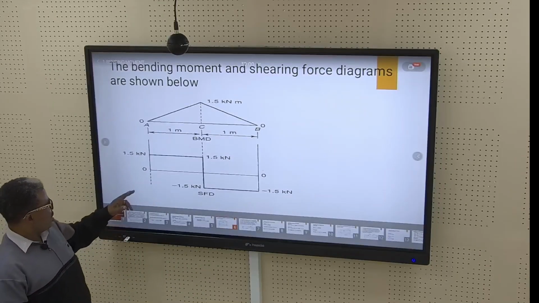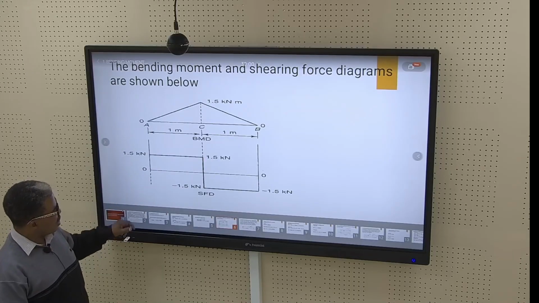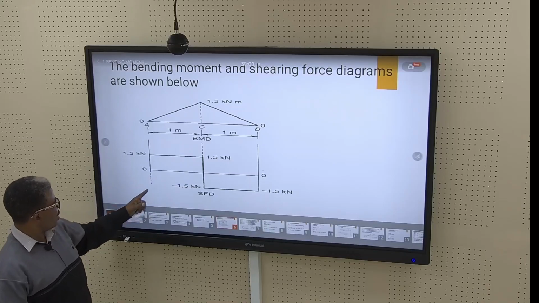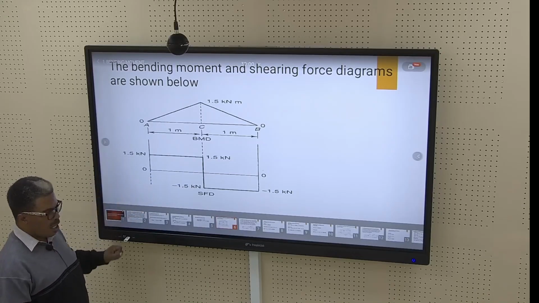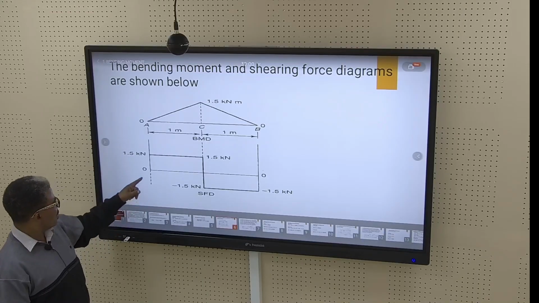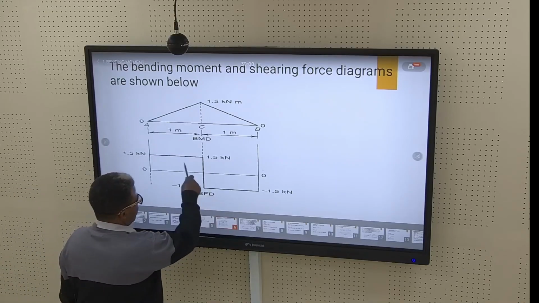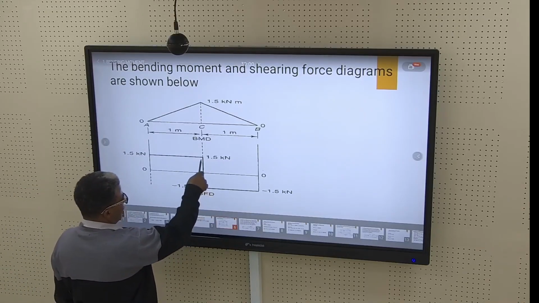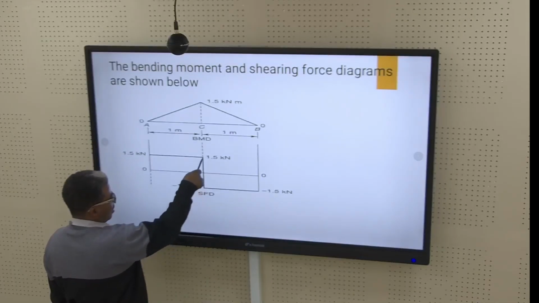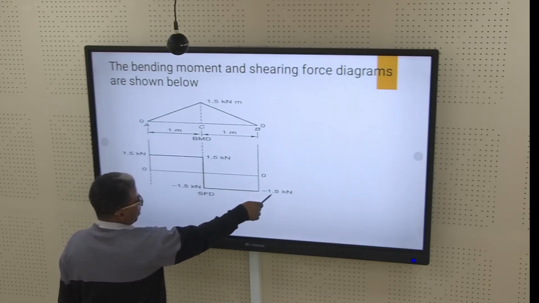For the shearing force diagram, from 0, the origin here, the equilibrium position, the reaction at A is raised to 1.5. Then it goes down at the center. Mind you, it was 3 here. Going downwards, the total amount is 3, but from the origin here it is 1.5 downwards.